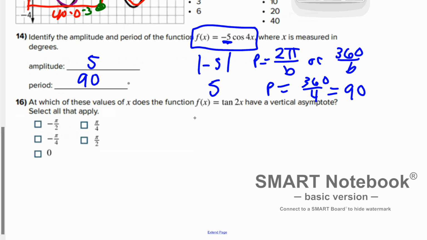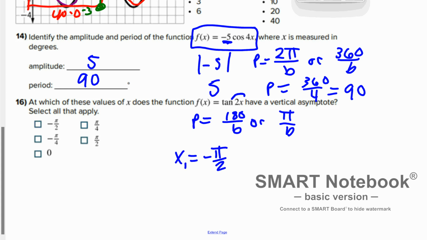Now tangent, our period is 180 over b, or pi over b, because it takes only 180 before it repeats itself. And then where we start with tangent, our first x is always -pi-halves, right?